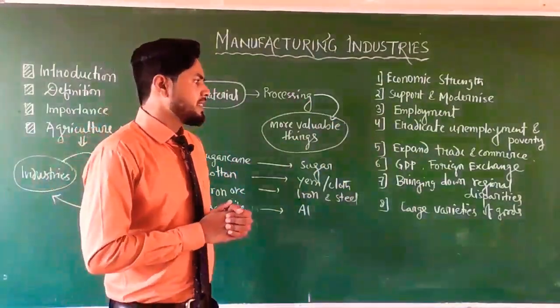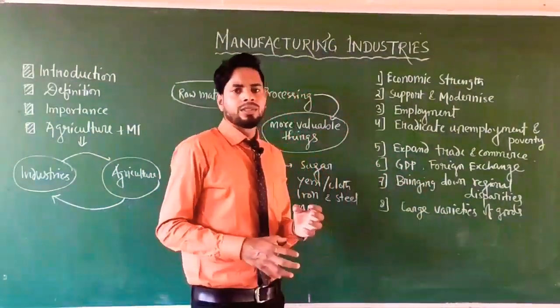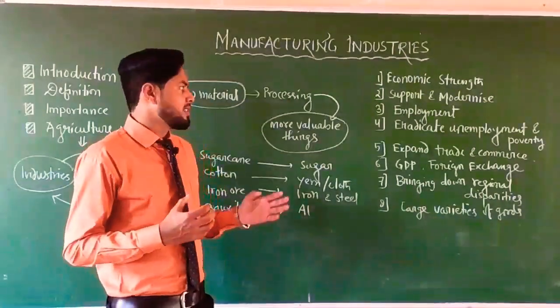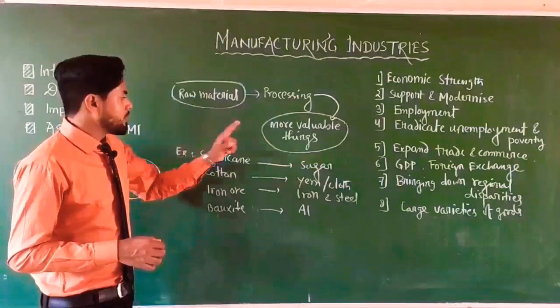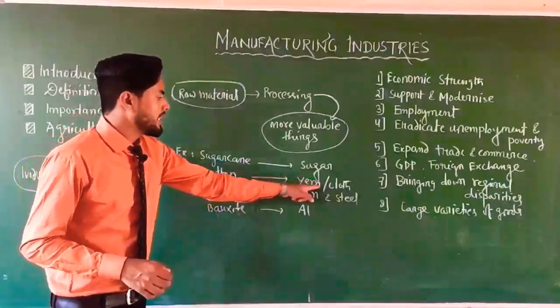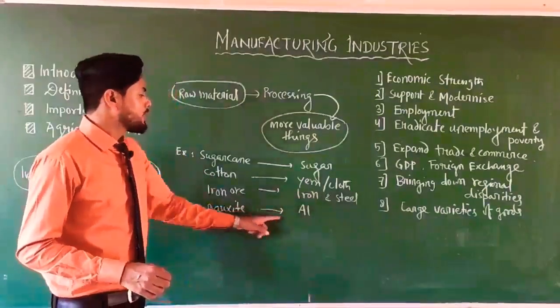Next, we see some examples of manufacturing industries that help to easily understand what exactly manufacturing is. Just see, we produce sugar from sugar cane, cotton to yarn and cloth, iron ore to iron and steel, bauxite to aluminium.